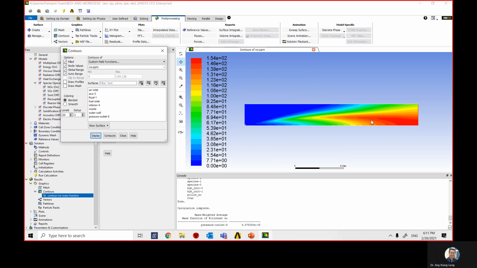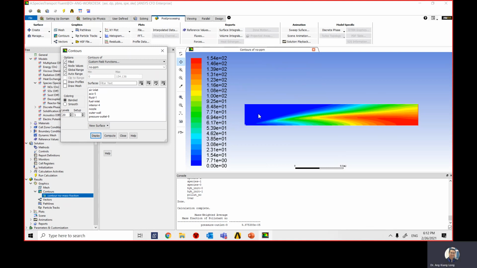Okay, maximum NO will be here. The number of nitrogen oxide molecules per million will be 154 ppm in this region. Minimum is 0 over here.